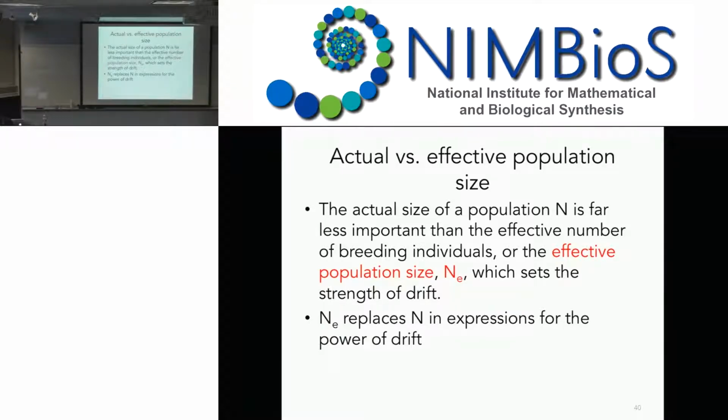The answer is yes, and there are lots of ways to compute it, and Ne replaces N, and there are lots of situations, I'll go through 3, where Ne is much less than N. Remember, if Ne is small, it means drift acts more quickly. It means you lose variation more quickly, it means allele frequencies fluctuate more, it means selection becomes less effective.